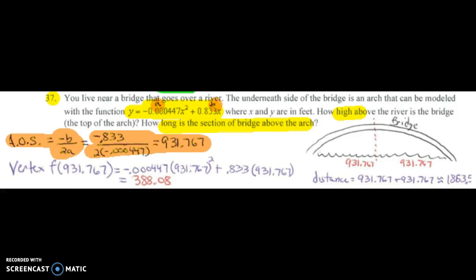This is my height. To figure out my vertex, I need to plug this value in. That's how I got 388.08. So my distance is going to be, I'm going to add those two values up so I get the total distance.